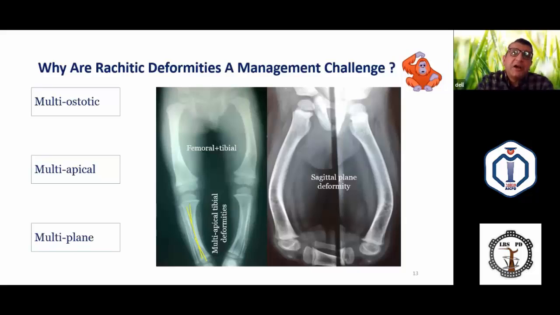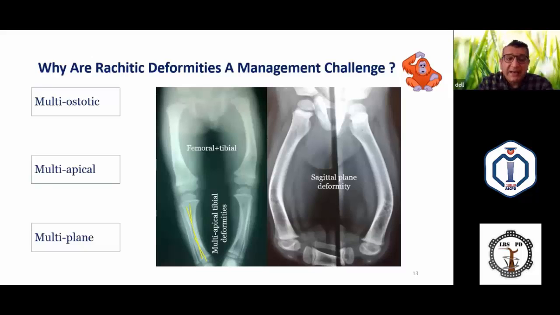Another source of complexity in rachitic deformities is that they are multi-plane deformities. If you see a patient with genu valgum or genu varum, it's not restricted to angular deformities in that plane, but you might also have sagittal plane deformities. Like here, in the radiograph on the right side, you have a sagittal plane deformity of the femur, and you can also get it in the tibia.